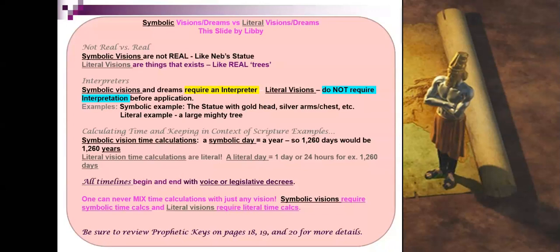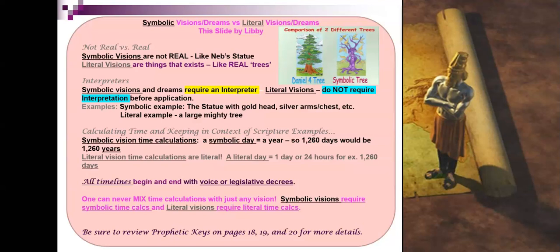It was a very unusual statue with the gold head and the silver chest and arms and so forth. Literal visions are things that exist, like real trees. And Nebuchadnezzar, when we get into chapter 4, has a dream or vision of a real tree. So that is a literal vision of a real tree.